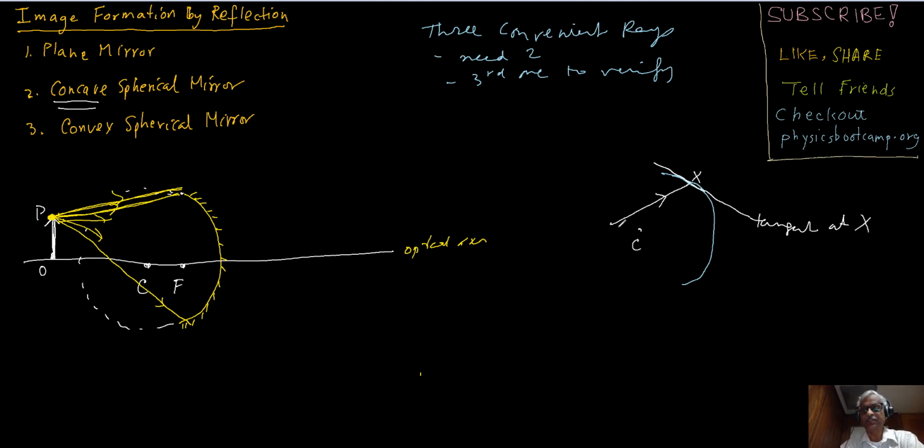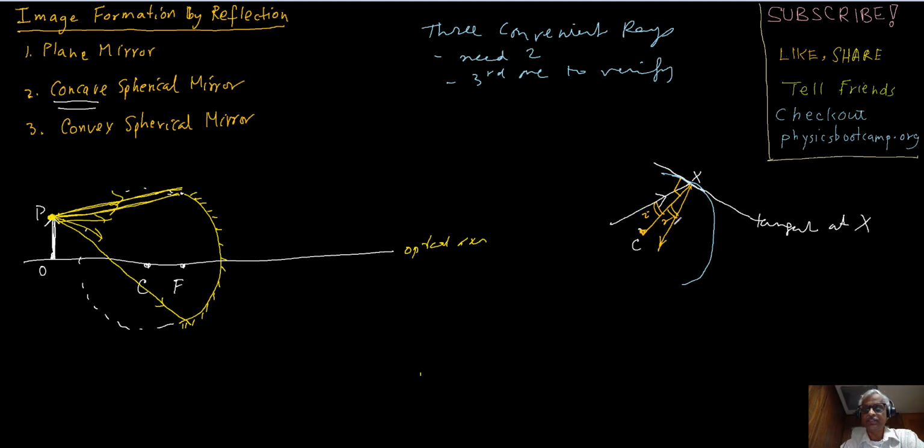And if this is the center, then the normal to the tangent is this line through the center. So this will be 90 degrees. This will be the angle of incidence, and the reflection will be the same, so the angle of reflection means the ray will come out this way.